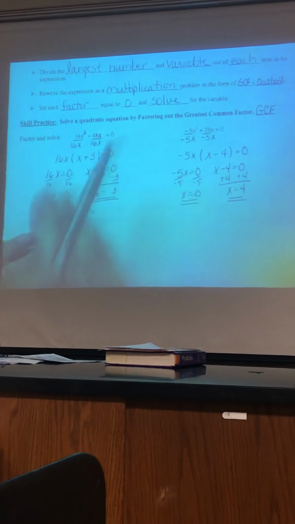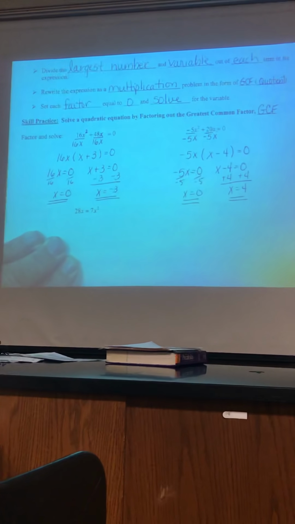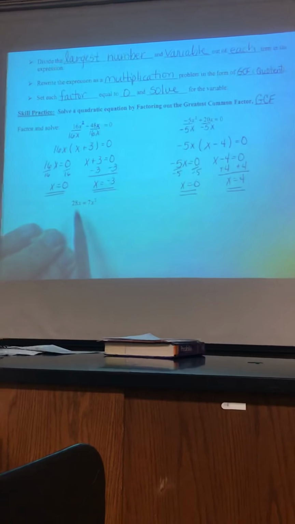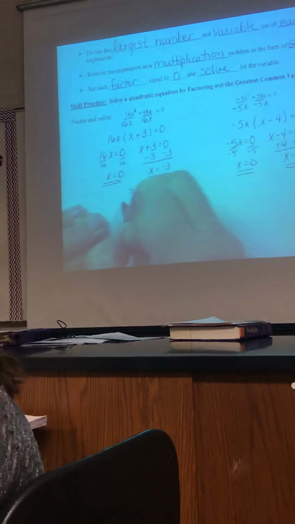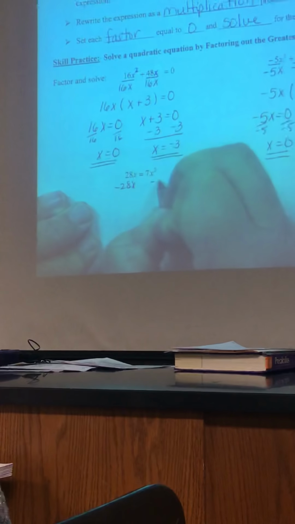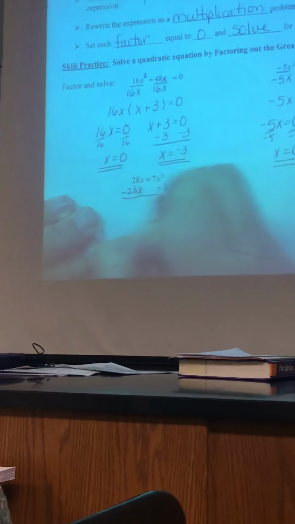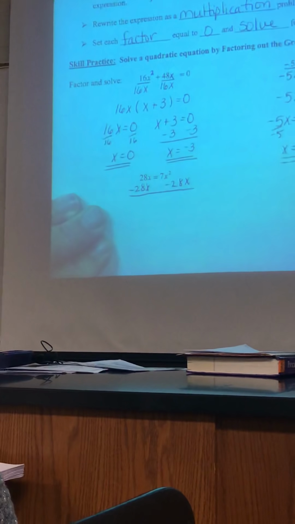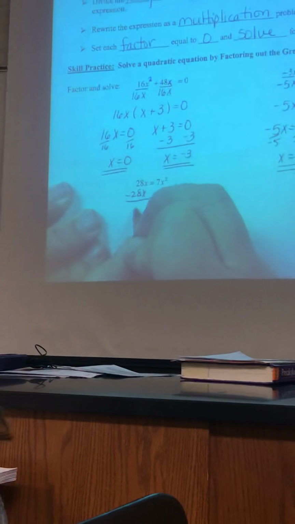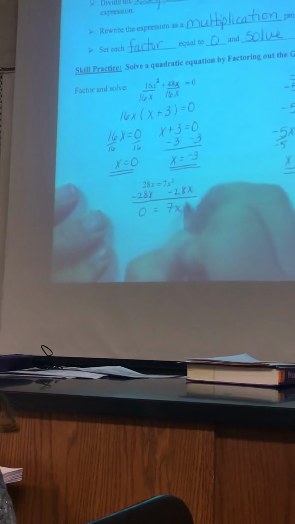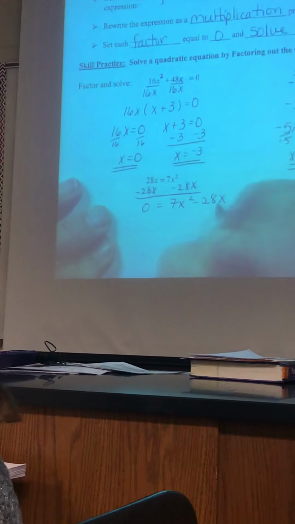All right, last example. Do I have all my terms on the same side? No. So I need to move them. I'm going to move my 28x because I don't want to have a negative leading number. So my problem is 0 equals 7x squared minus 28x.